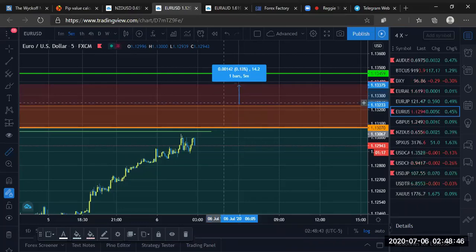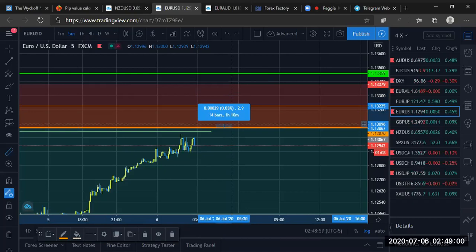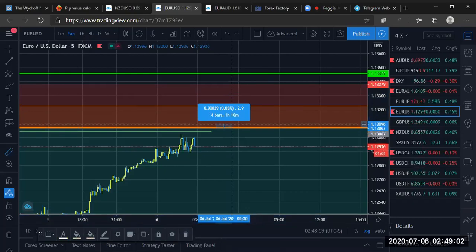They'll all be 0.01s. It'll all be the same. It's just that instead of putting in a 0.1 and risking 31 pips, I guess you can say I'm risking 31 pips on smaller lots.